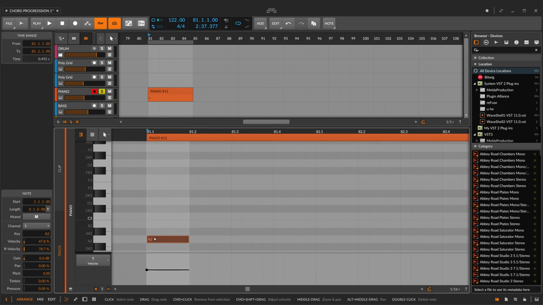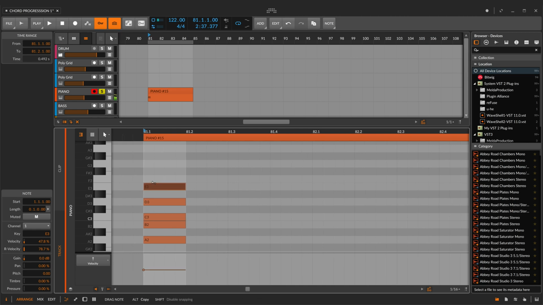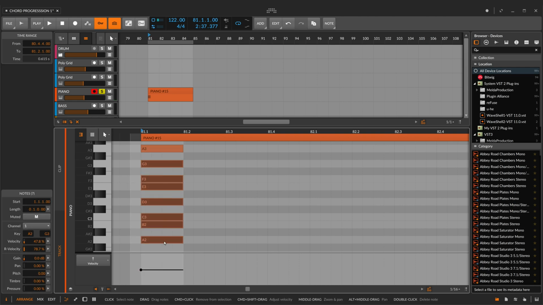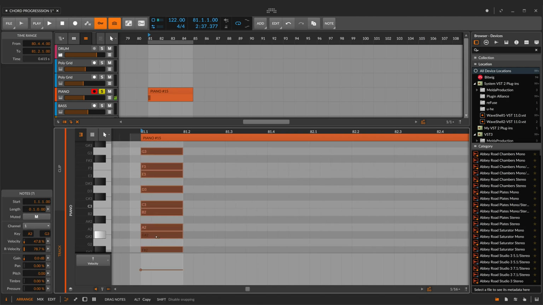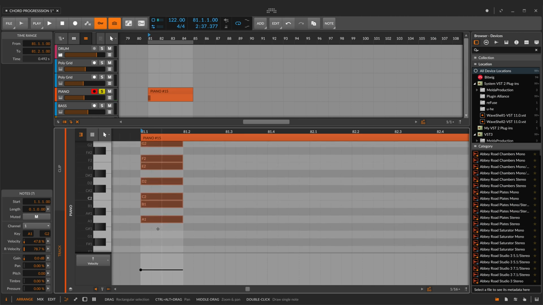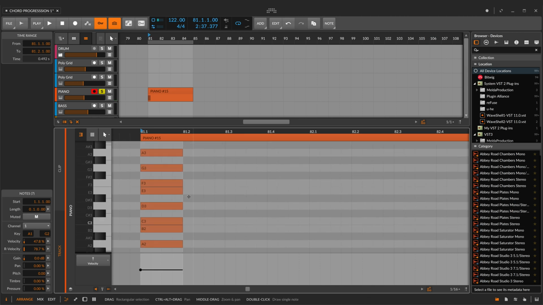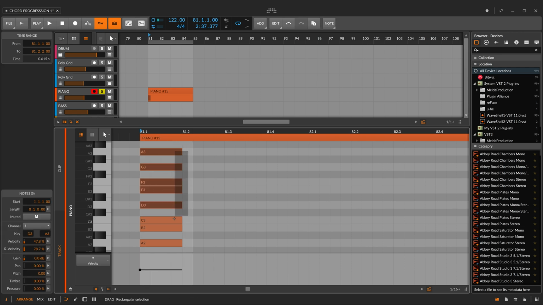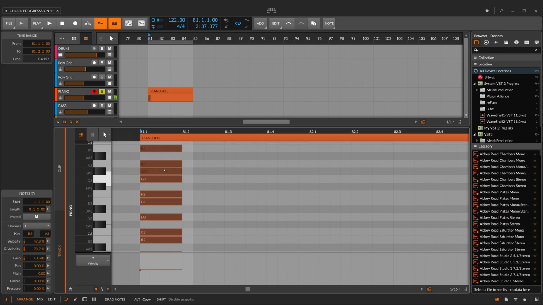So first of all, we need to choose the scale of our song, and we're going to make this song on A minor scale. And now I'll extend this one an octave below and an octave above.